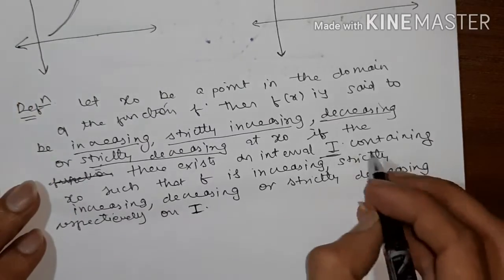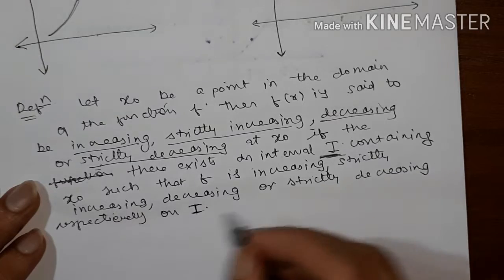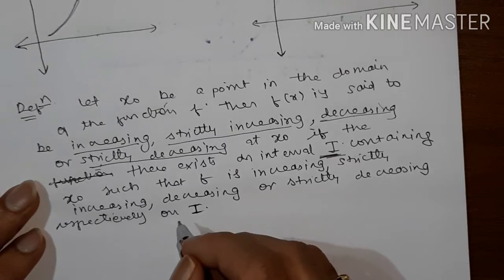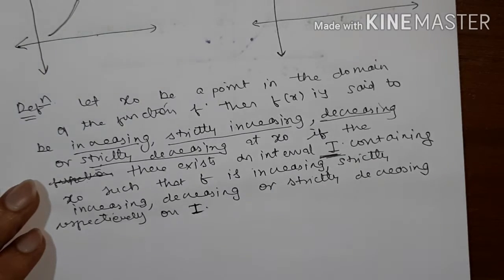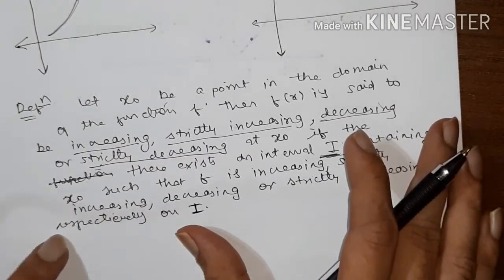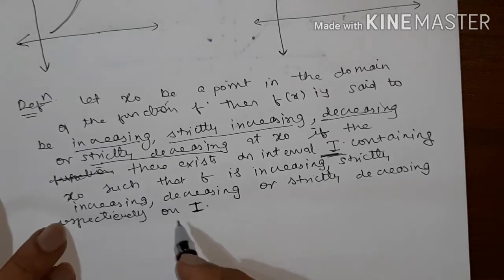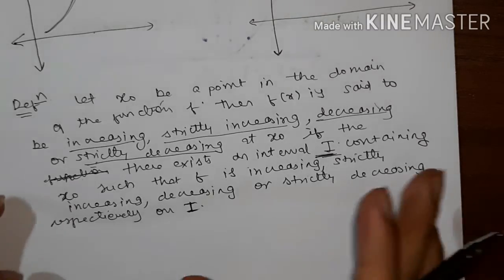So there should exist an interval I containing x naught such that f is increasing, strictly increasing, decreasing or strictly decreasing respectively on I. You read this definition, you might have understood it somewhat, but what is the meaning of increasing on the interval I, that also you know. Just now we have looked at the definition of increasing decreasing function on the interval I.